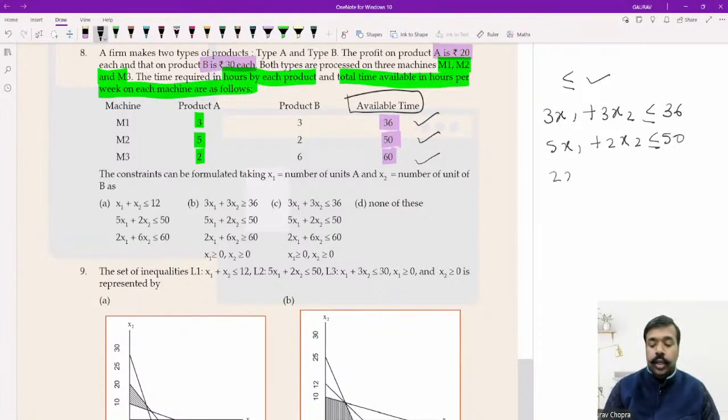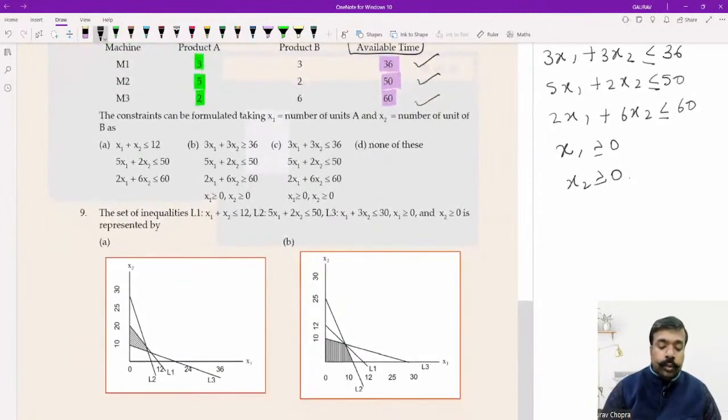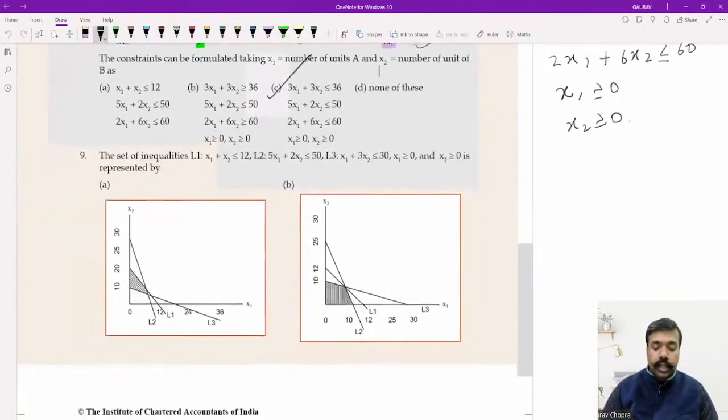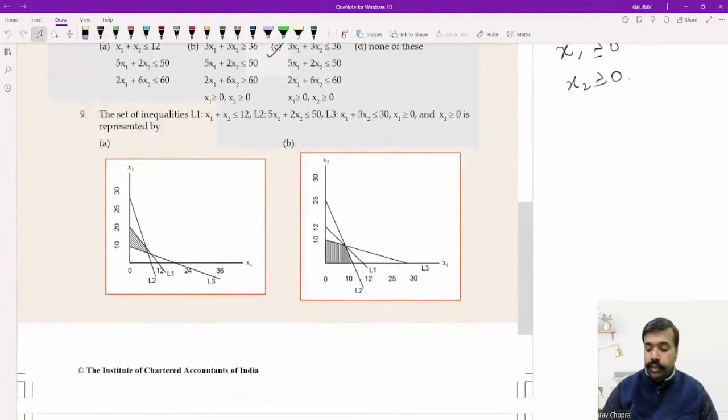And then the third one, 2 of x1 plus 6 of x2 will give less than equal to 60. So these are the all possible equation, and also x1 and x2 should be greater than equal to 0. So all these are given in option number C. So hence option number C will be correct. C will be correct. All right.